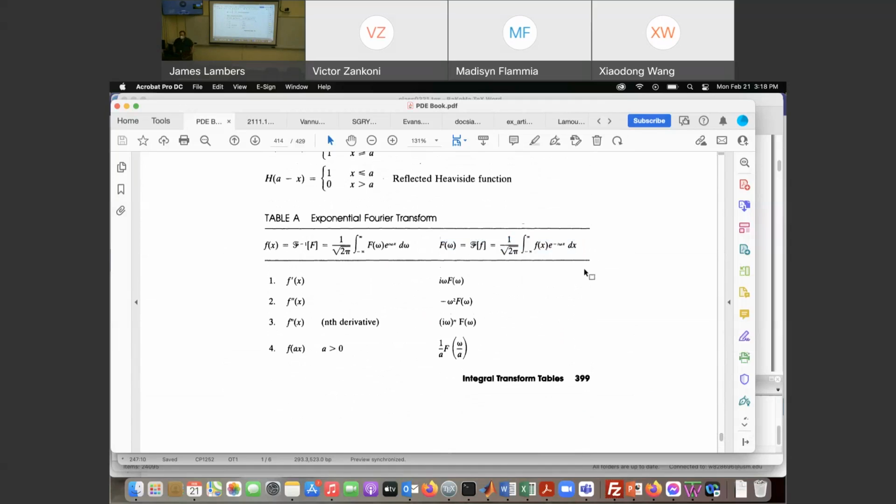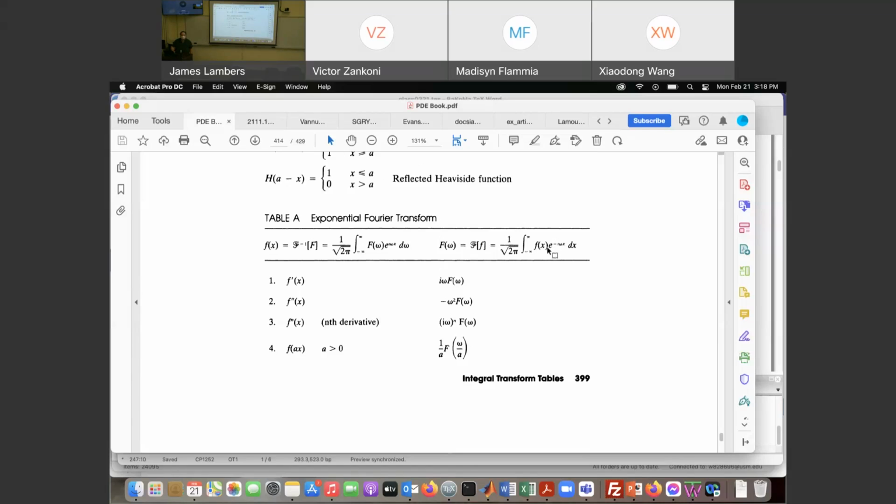The comment I made on a previous problem applies here, that your function is 0 for positive x. So you'd be integrating from minus infinity up to 0, and for that you would substitute in your given f of x.